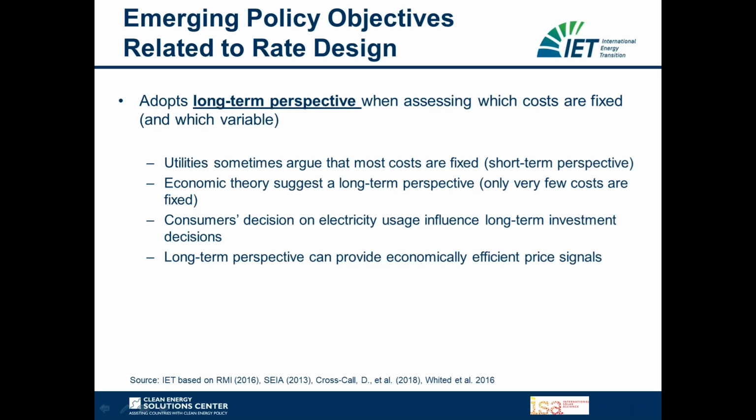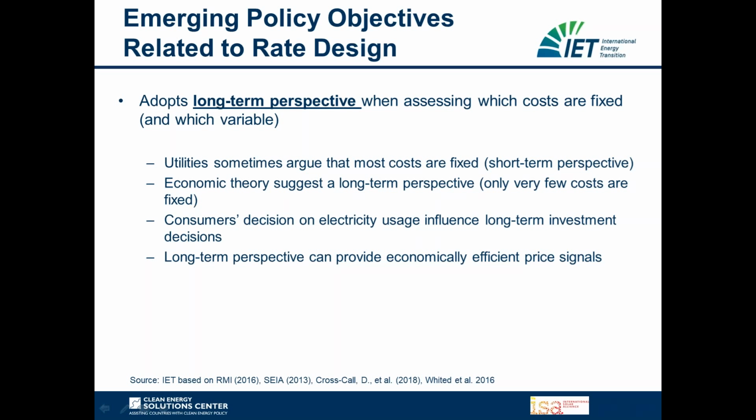However, what is very important to understand, and you can read several books about this and still learn more, is that economic theory actually suggests that in order to come up with an efficient electricity system in the long run, we should consider almost all of the cost of the electricity system as variable cost.